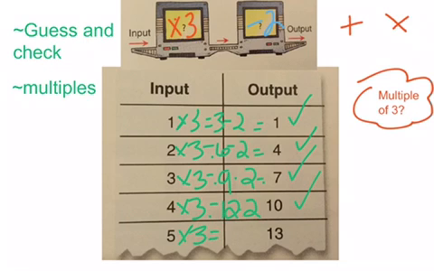And 5 times 3 is 15, minus 2 is 13. So our rule works. Our original input rule is multiply by 3 and then subtract 2.